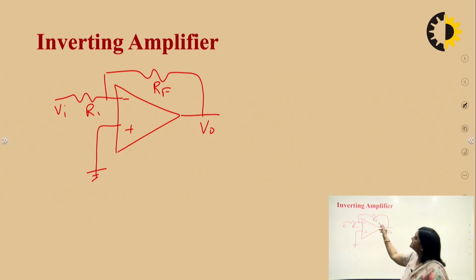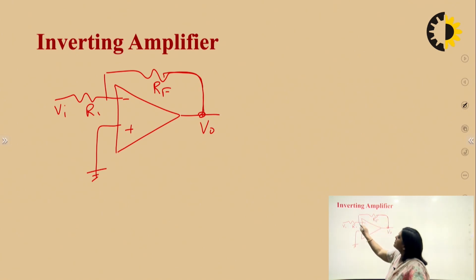So here we can see this RF and R1 are acting for the negative feedback. This RF connects the output voltage to the input side, and the plus terminal, that is the non-inverting terminal, is grounded and the input is given to the inverting terminal. That's why it is acting as an inverting amplifier.